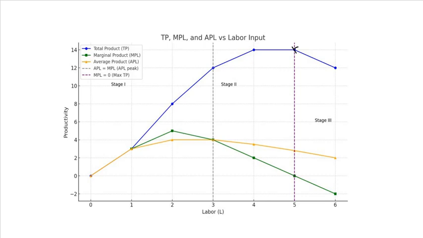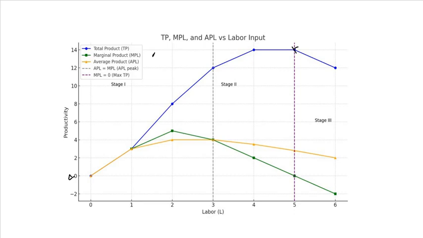Hi everyone. First I want to clarify a little mistake in the last video. Where MPL equals 0, on the green curve, I said that TP, total product, starts increasing.